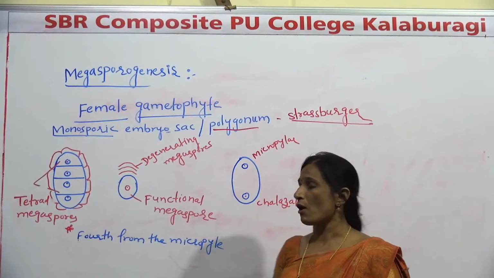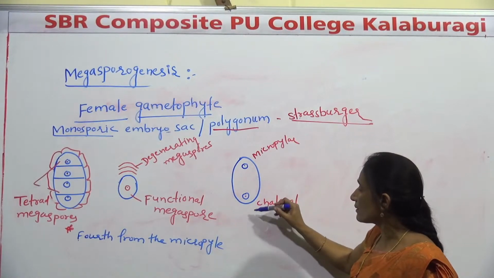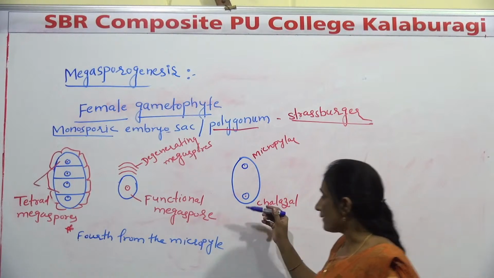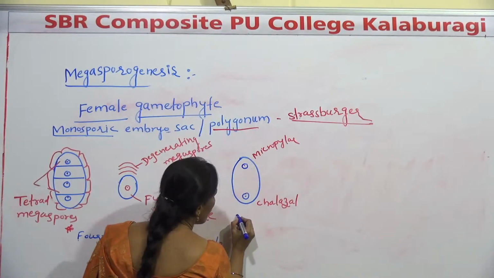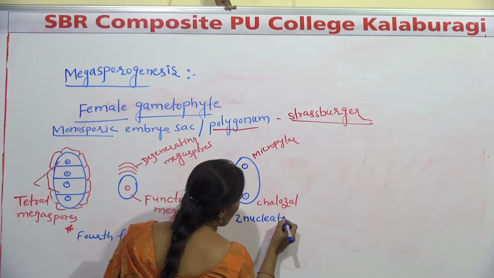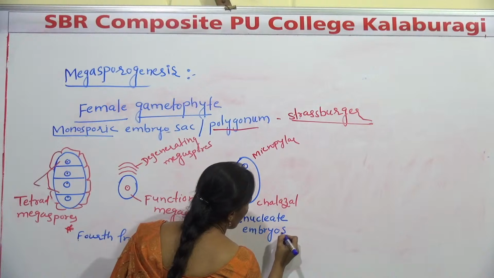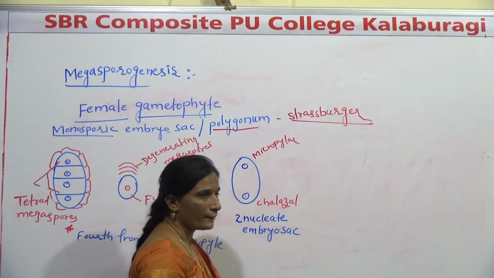Two nuclei form. One moves towards the micropylar region, another moves towards the chalazal region, and this is called a two nucleate embryo sac.